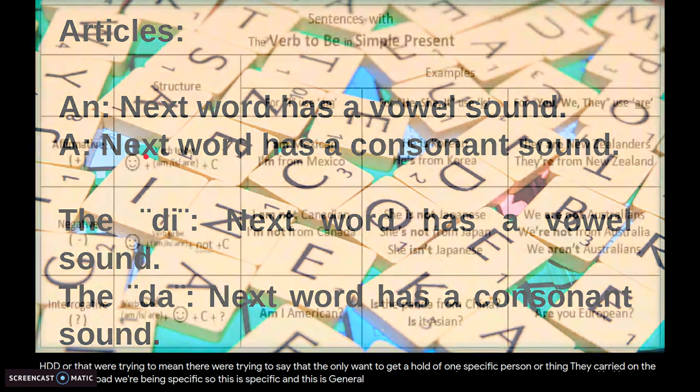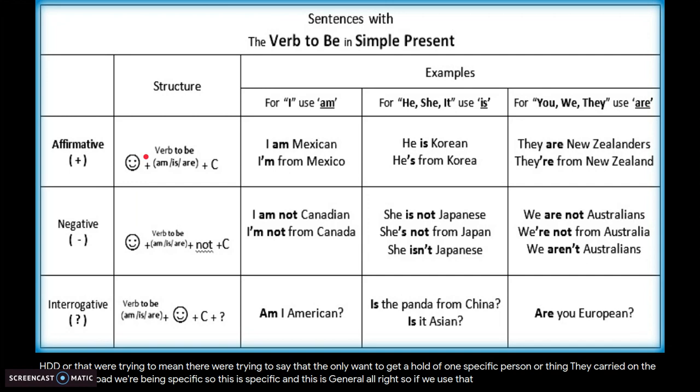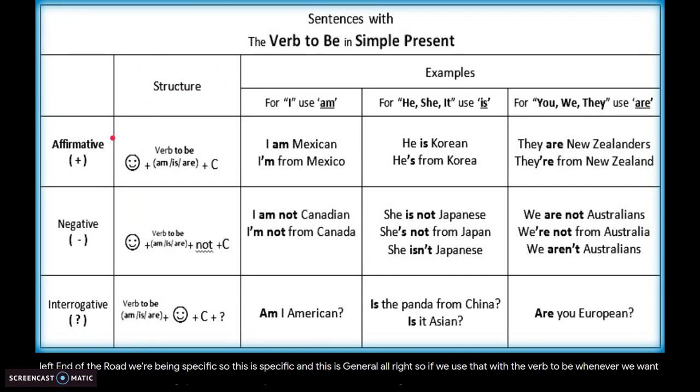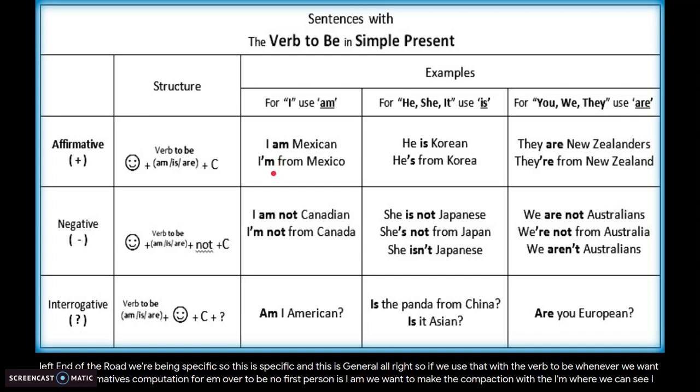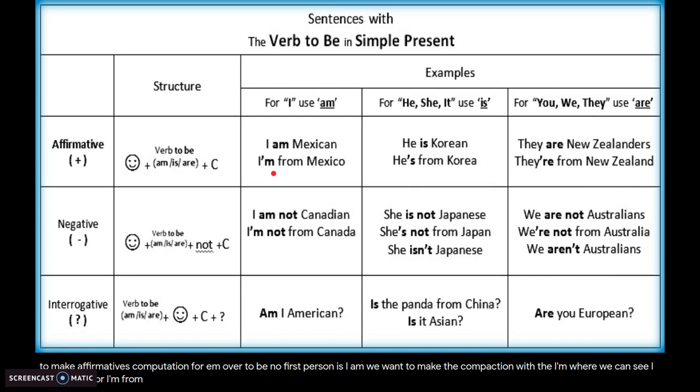All right. So if we use that with the verb to be, whenever we want to make affirmatives, the conjugation for the verb to be, first person, is I am. If we want to make the contraction, we say I'm. Or we can say I am Mexican or I'm from Mexico. Both are correct.